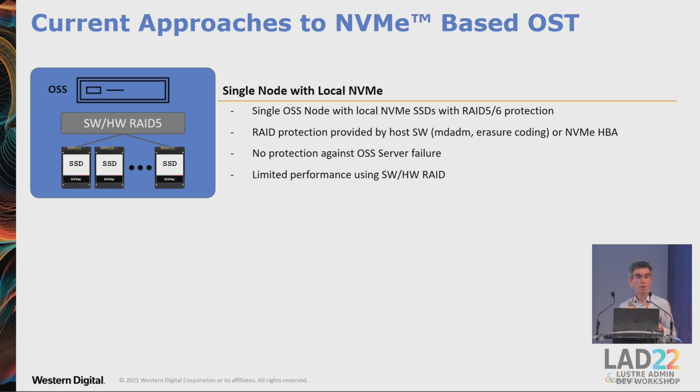The current approaches could be to use a single OSS with a RAID layer, giving you RAID protection with either software RAID or hardware RAID. But there is very limited benefit with this solution.